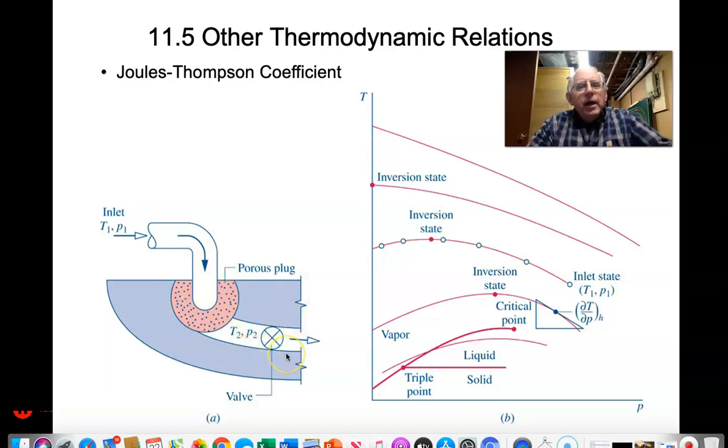And so what happens is the presence of this valve causes the pressure to drop. Okay, and so the question is, when that pressure drops, if we make the assumption that this is isenthalpic because there's no work or heat transfer occurring, what happens to the temperature when the pressure drops?